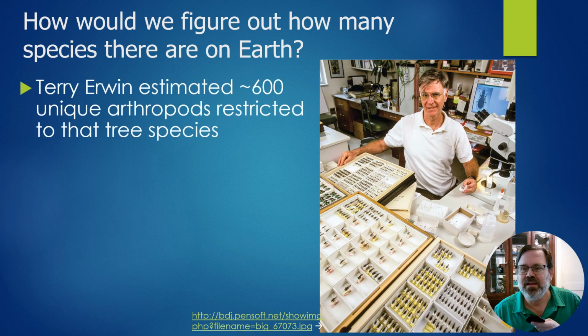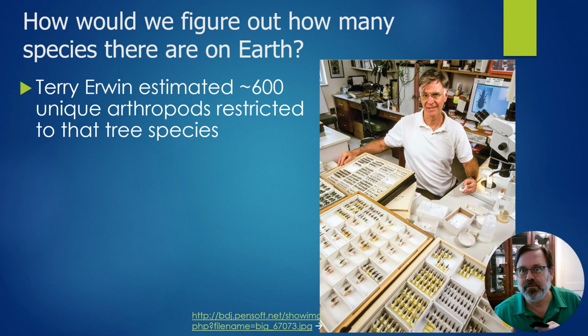Now, to extrapolate this up, you would do some fuzzy math. Basically he said, well, if beetles are 40% of all of the arthropod biodiversity, so spiders and ants and other insects would account for more, and the canopy is twice as diverse as the rest of the tree, so you have to account for the diversity that is specialized on the rest of the tree, you would have 600 species specialized on this tree species found nowhere else on the planet.